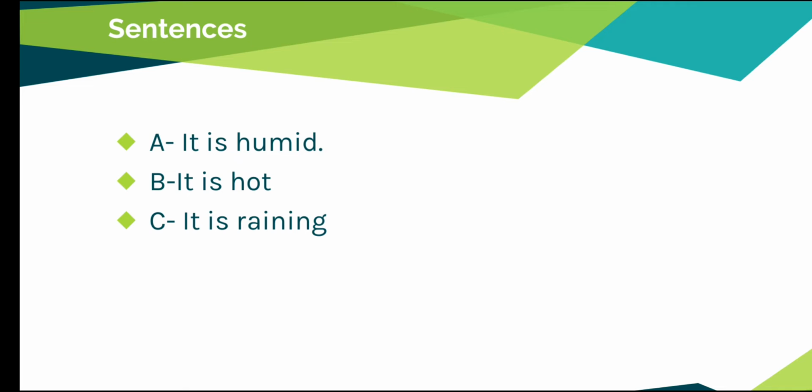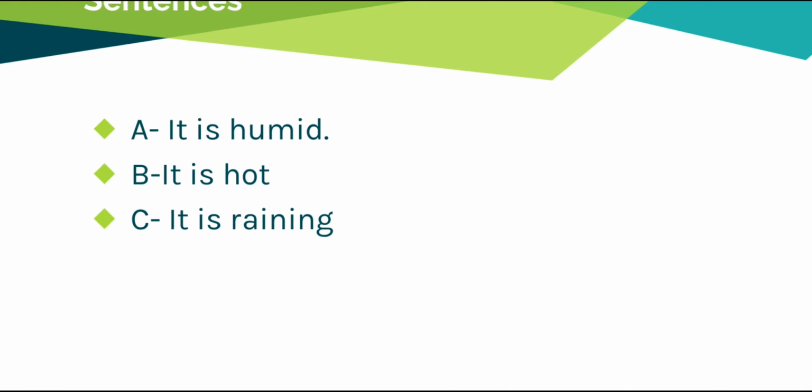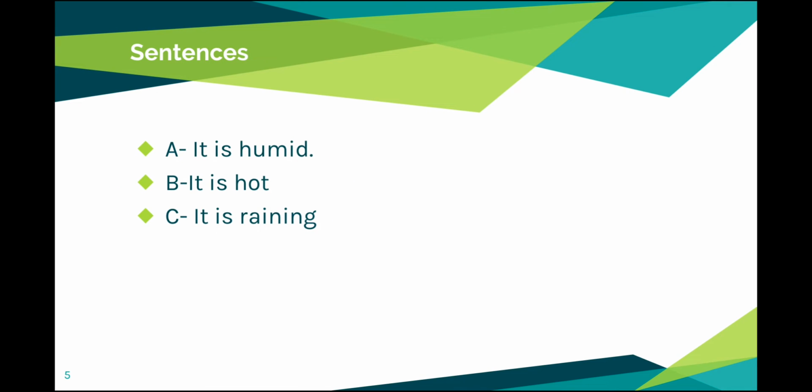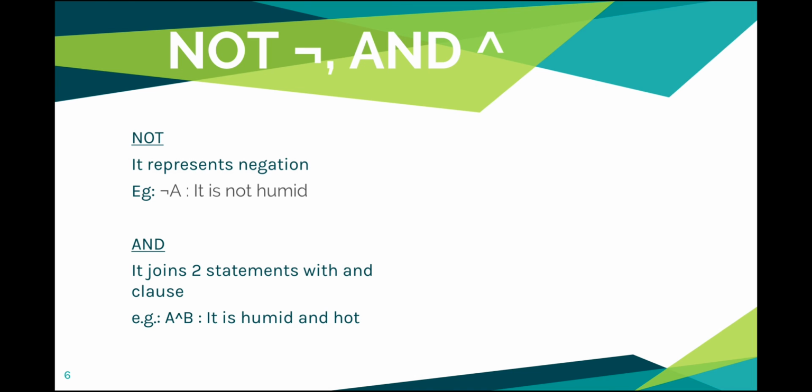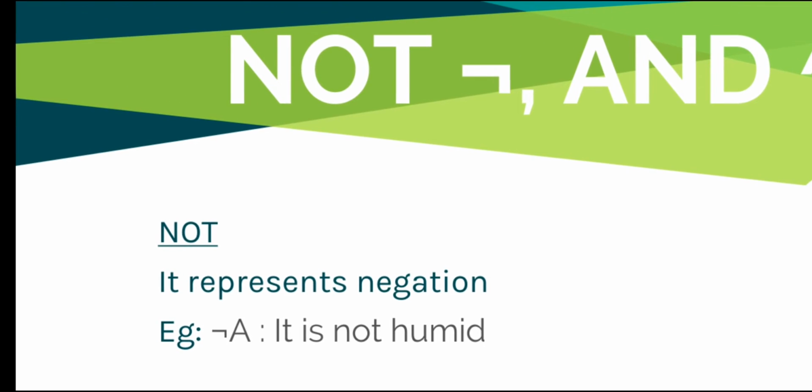In order to understand the table, let us consider three example sentences. Sentence A is, it is humid. B, it is hot. C, it is raining. Now we will apply the table on this. The first one is not, which represents a negation condition.